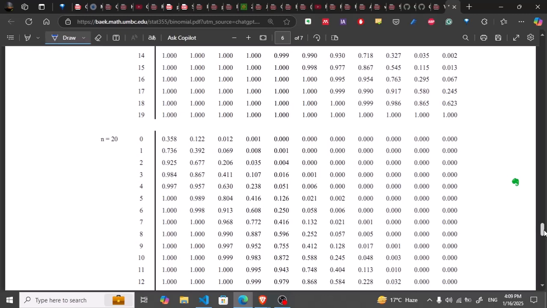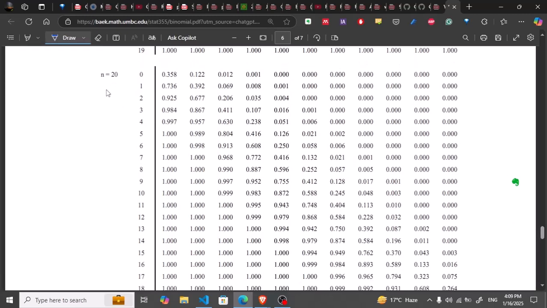These are the values for the probability 0.9, because this is the second last column, and the two probabilities we want to find are for C equal to 18 and C equal to 17. For C equal to 18 we have this one, which is 0.608, and the second one is for less than or equal to 17.